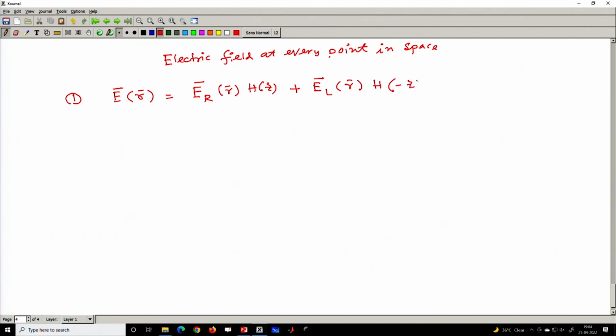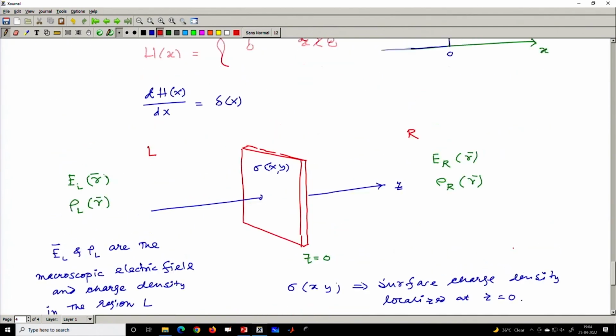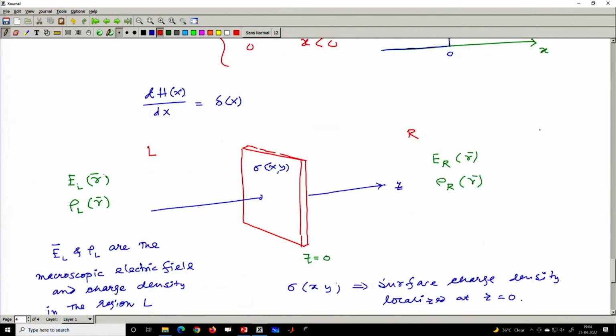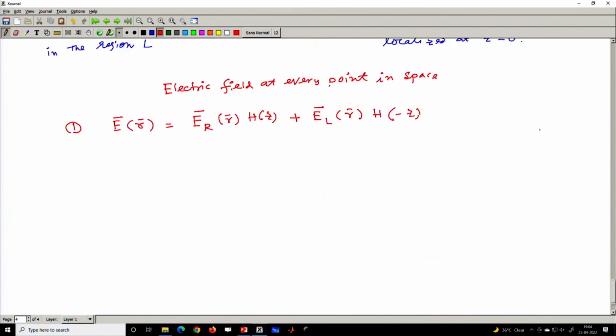When I write minus z, the Heaviside function flips, so now the negative side gives 1 and the positive side gives 0.